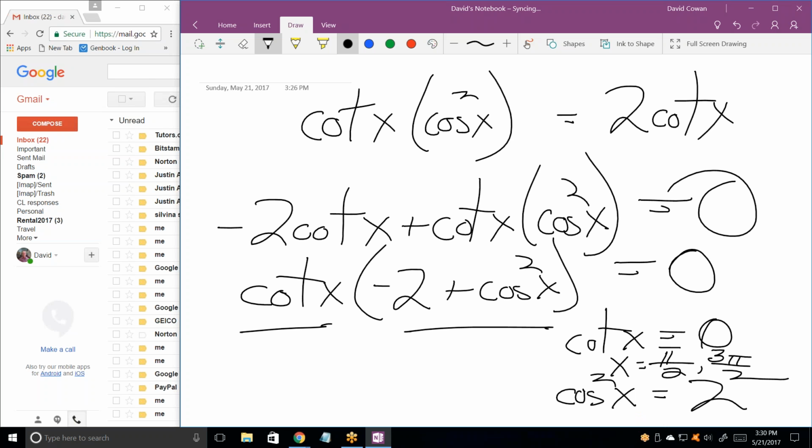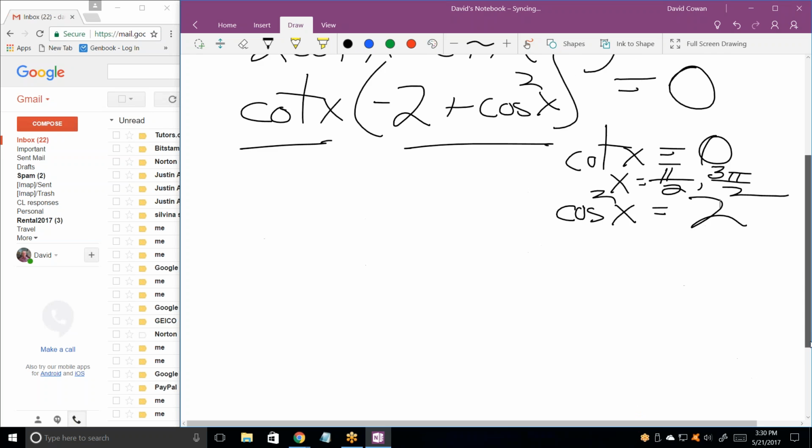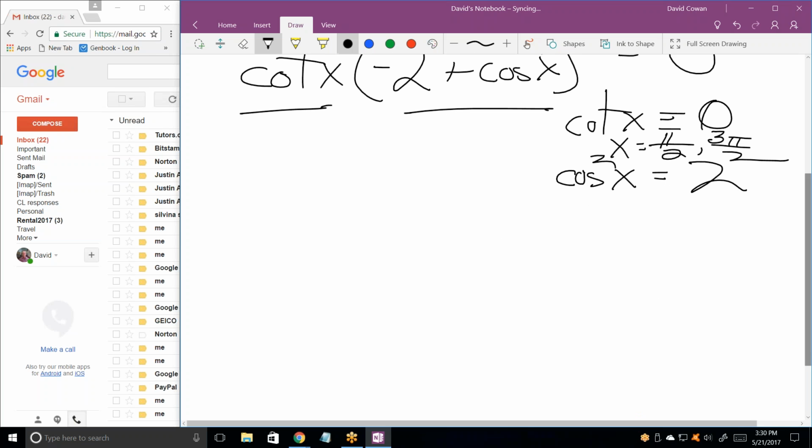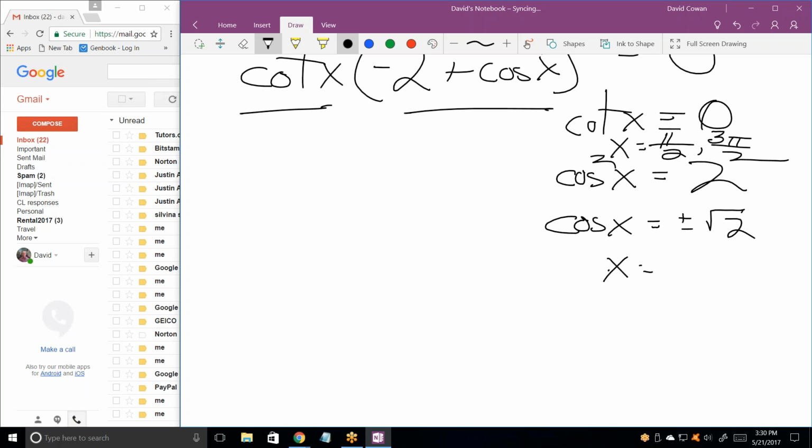Where's cosine squared of x equal to 2? First of all, solve that for cosine x. Okay. So cosine x equals plus or minus root 2. Where does that occur? We know it's going to be all four quadrants. So all the pi's over 4. Once we see that plus or minus, it's all the pi's over 4s. I don't think it is.